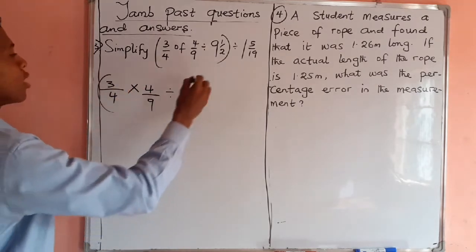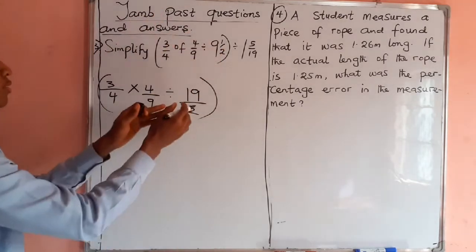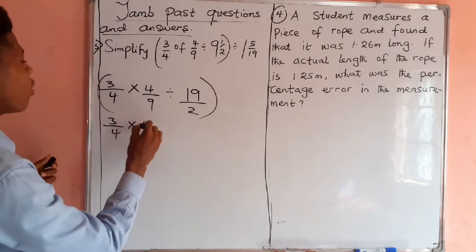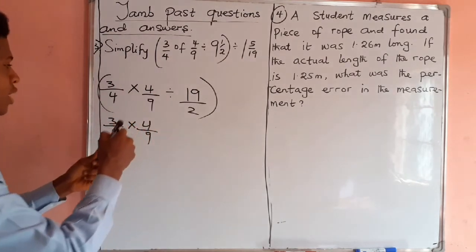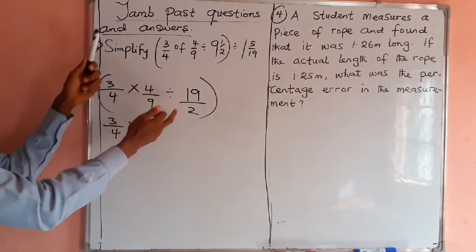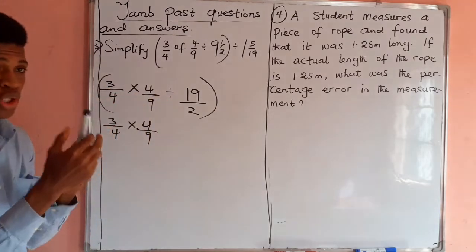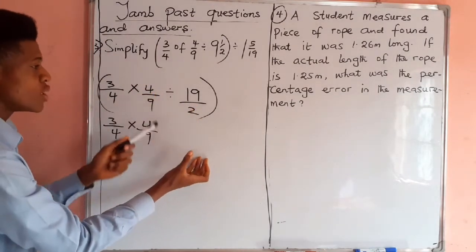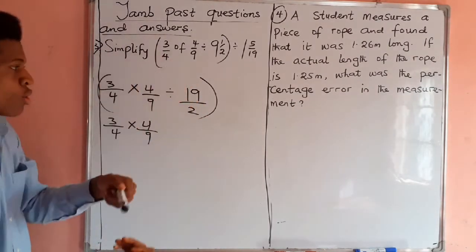Like I said, using BODMAS, let's focus on this bracket first. So this is what? 3 over 4 times 4 over 9. There's a divide here. And we know this divide has to change to what? Multiplication. And when it's changing to multiplication, the denominator comes up, the numerator goes down.